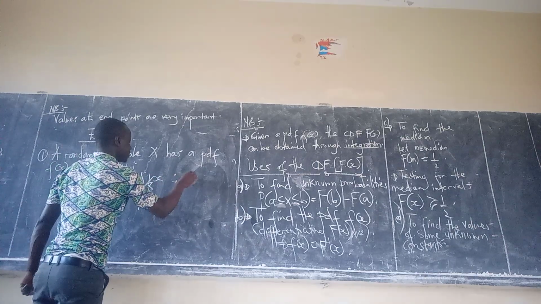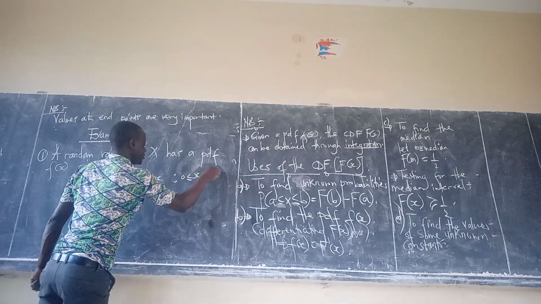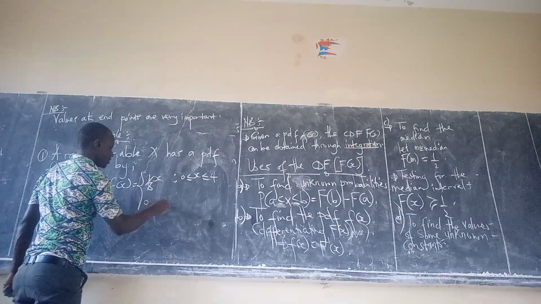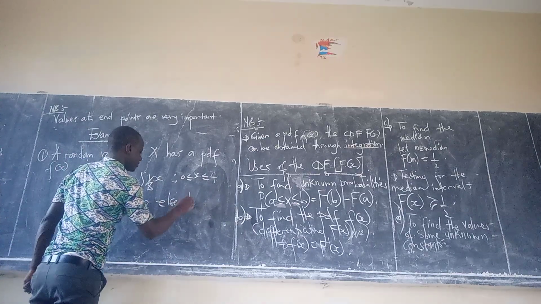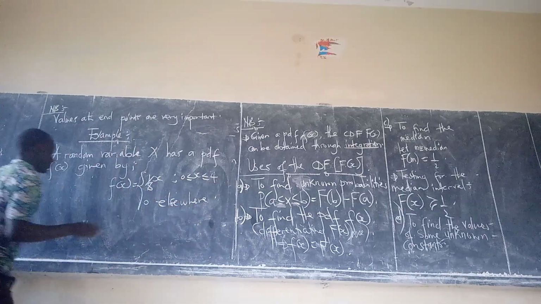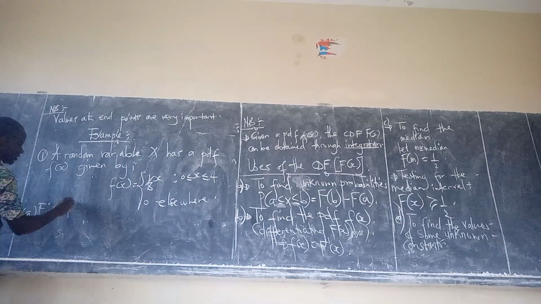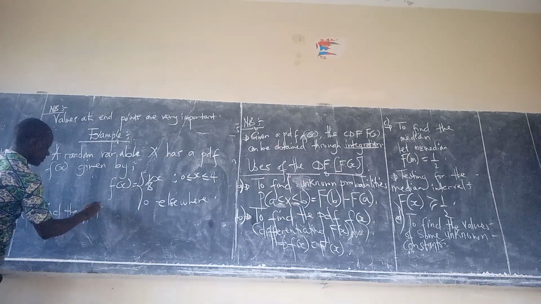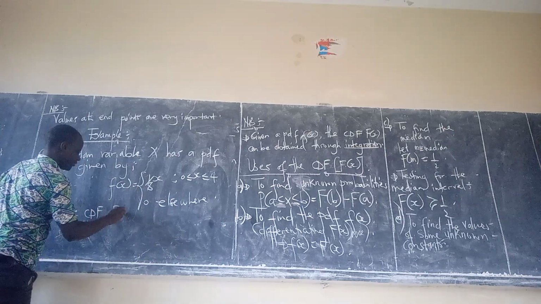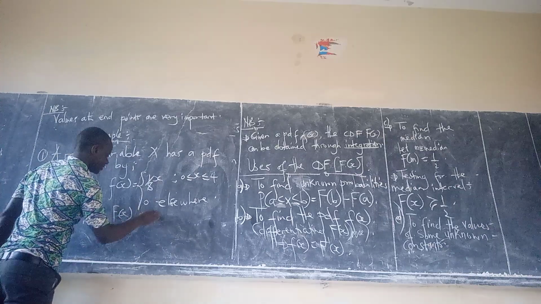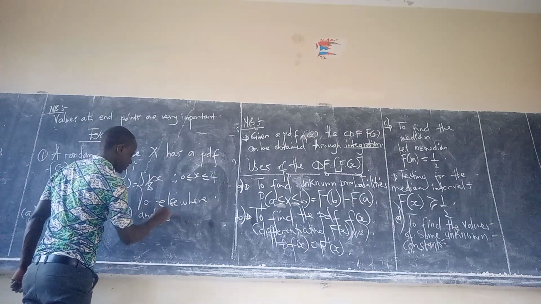This is when x lies between 0 and 4, and it is 0 elsewhere. Required, part A, is to find the CDF, capital F of x, and sketch it.